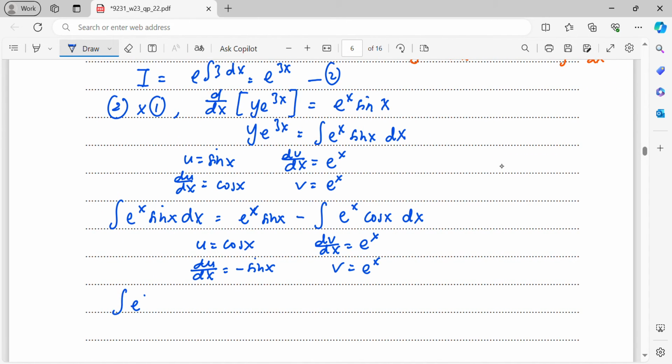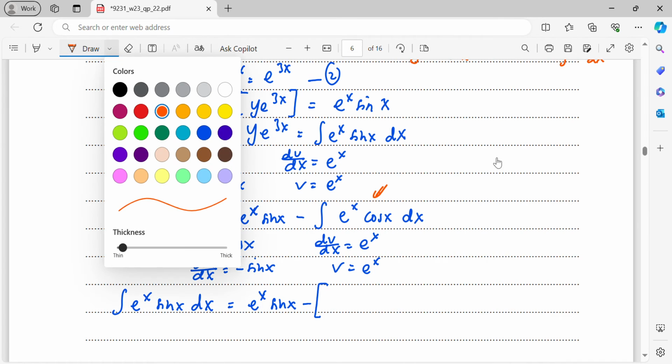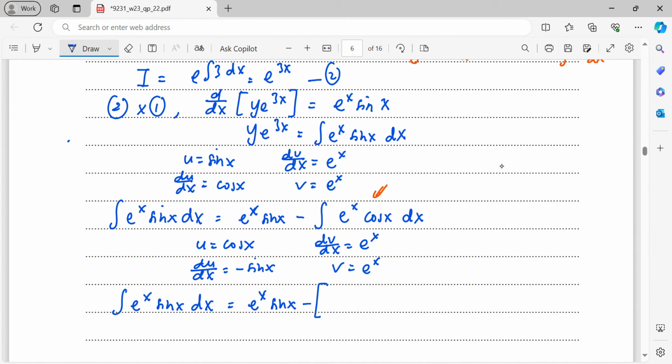So now I will rewrite my integration, that is e^x sin x minus, for this integration again by parts, that is uv, so e^x cos x minus integrate v du, so e^x times minus sin x.